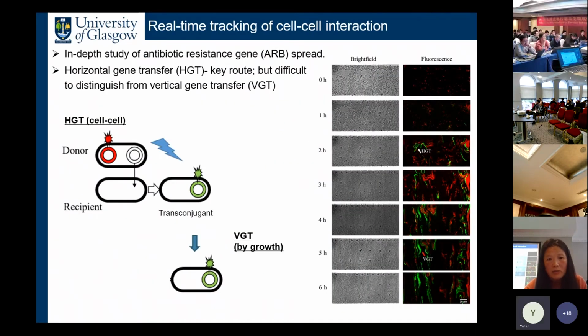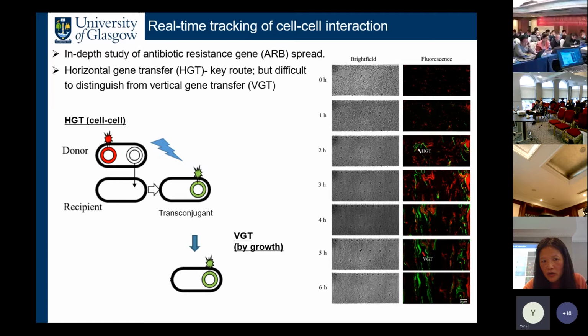This approach can be used for many fields, and it is particularly valuable to study antibiotic resistance and how antibiotic resistance genes transfer. I will just give you one example. Now we know that the spread of antibiotic resistance genes is currently a really serious concern. We use a donor strain.